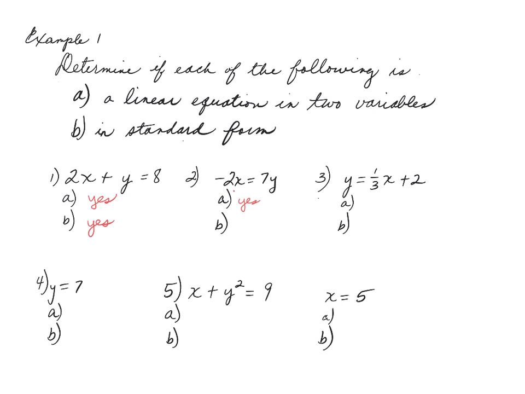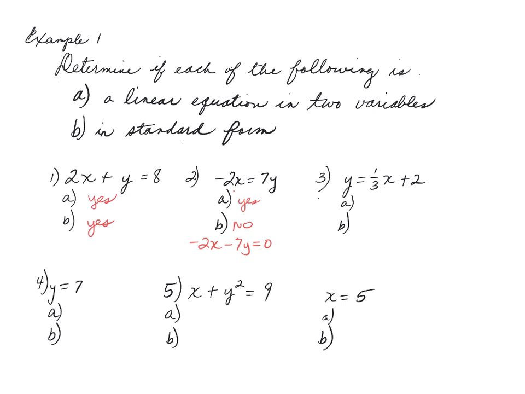No, it's not. But if we wanted to, we could put it in standard form easily by writing negative 2x. Bringing the 7y over to the left side would make it minus 7y equals 0. Now, we weren't asked to do that, but I'm just showing you how you could put it in standard form if you had to.